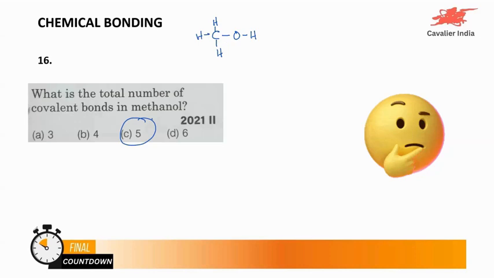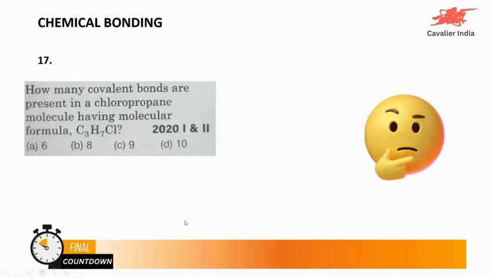If you have any doubt, please ask me. Next, how many covalent bonds are present in chloropropane? The formula is given, C3H7Cl. So just draw the structure, find the total number of covalent bonds, and answer the question.